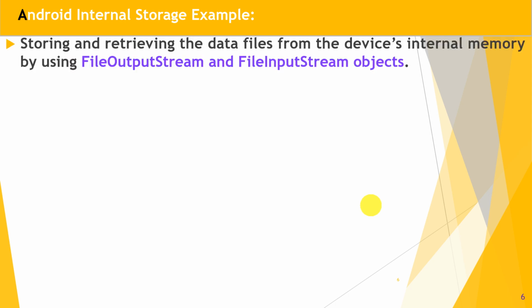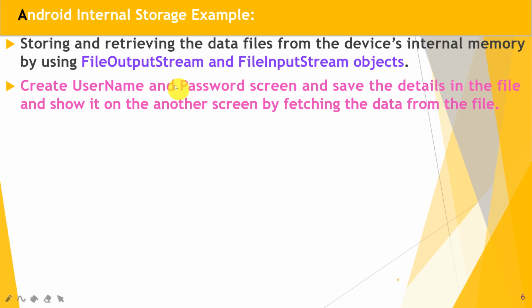So storing and retrieving data files from the device internal memory by using FileOutputStream and FileInputStream objects, and use the respective read and write methods. We can read the data from the file as well as write the data into the files. So for read and write, different overloads are also available.